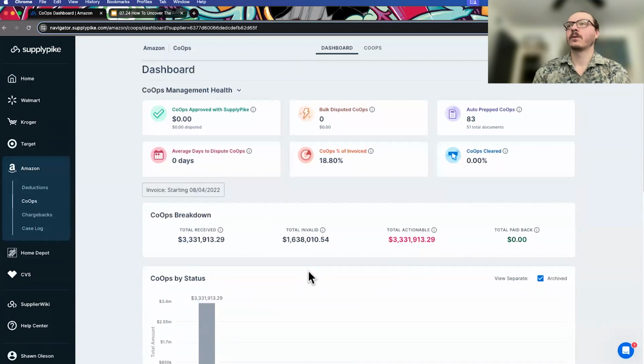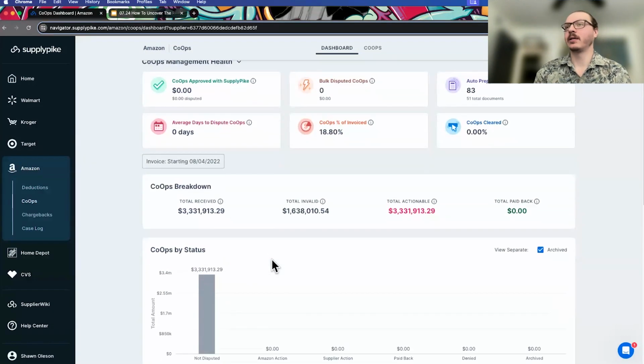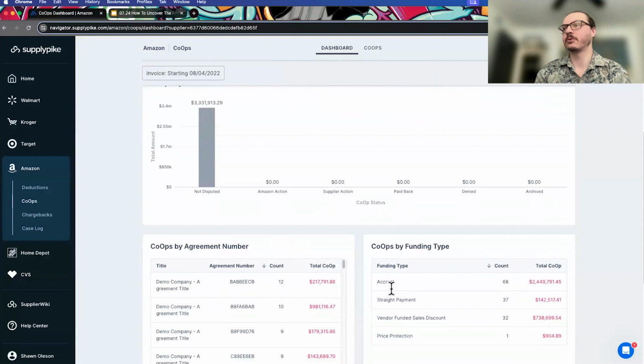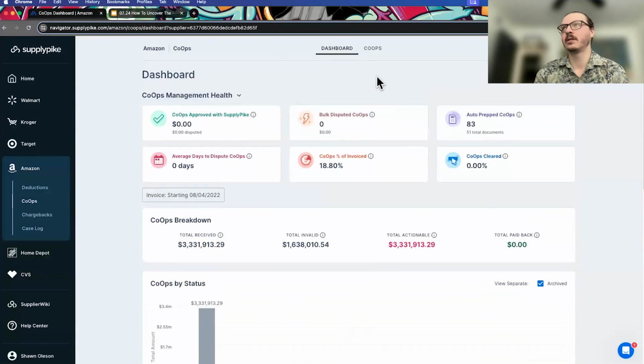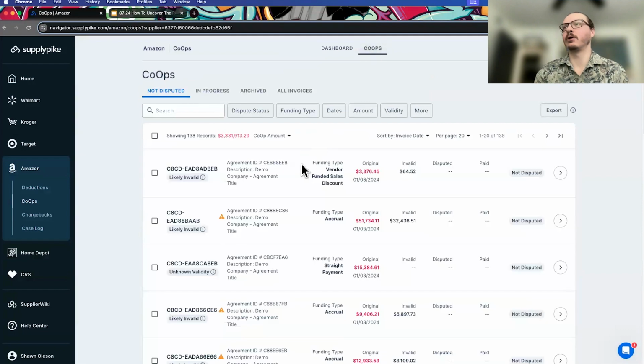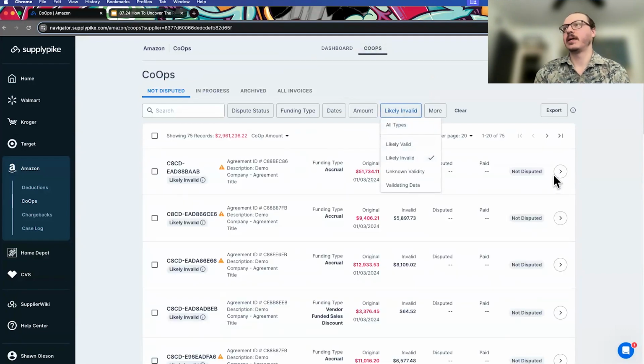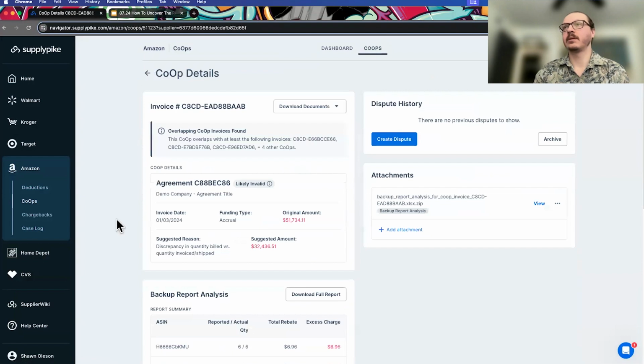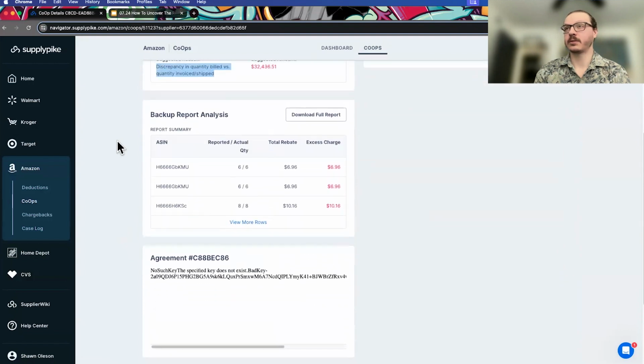But we're able to understand from a high level, across both your accruals as well as the vendor funded sales discount agreement types, whether there's been any type of overbilling or discrepancy due to Amazon not correctly taking the terms of the agreement. We're able to call that out and identify it so that we can pretty quickly and easily file a dispute to recover those dollars.